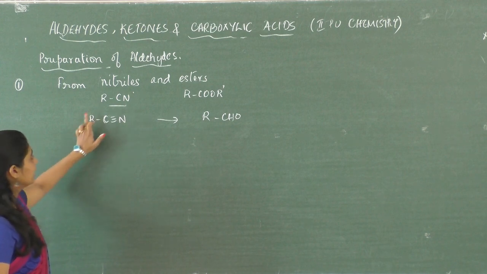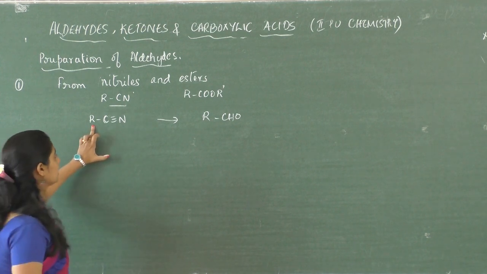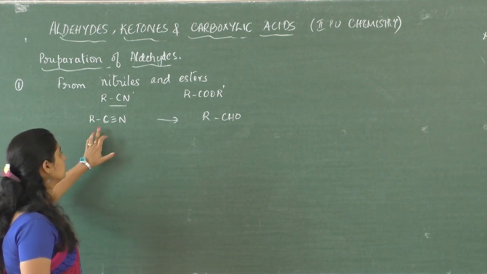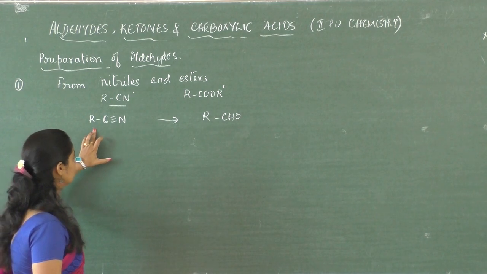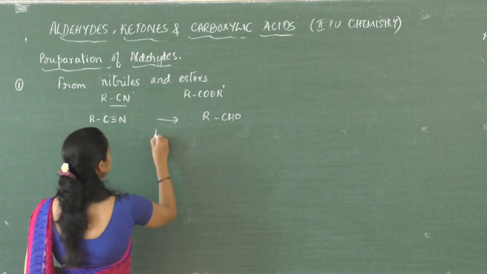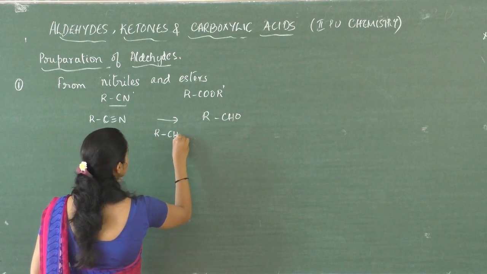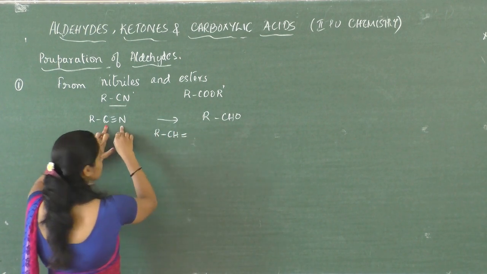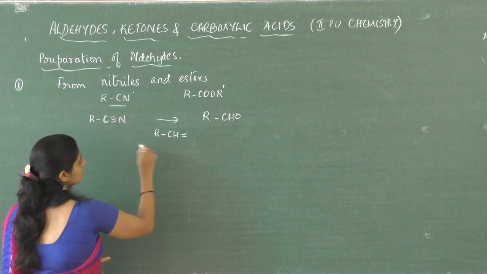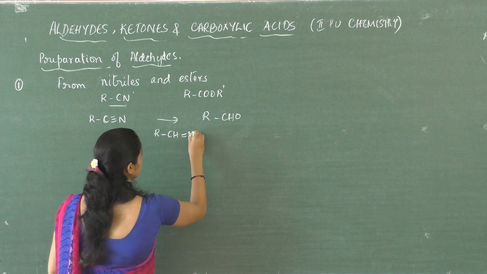So these nitriles are reduced, nothing but again hydrogenation, to the corresponding imines. So this is a general formula of imines, RCH double bond NH. So hydrogen gets added here, one hydrogen on the carbon and another one on the nitrogen.